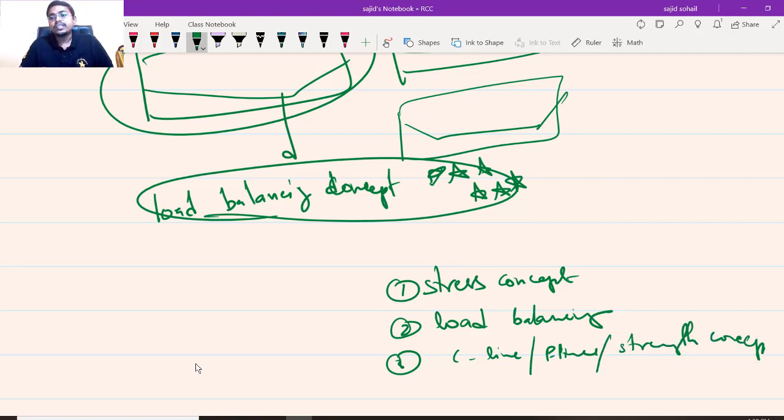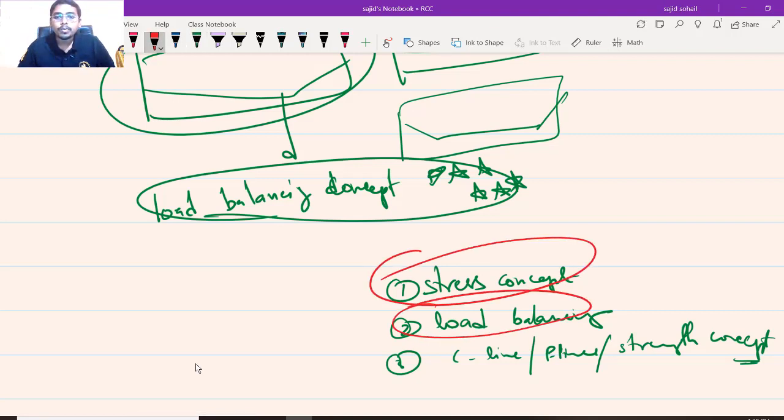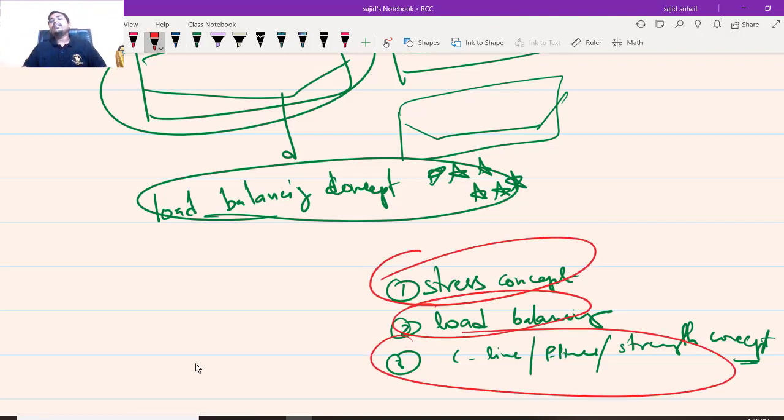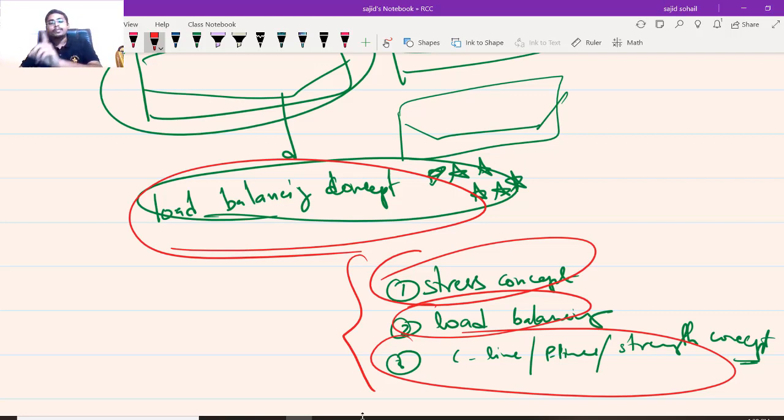Using these three concepts you can analyze the stresses in the beam when you have varying eccentricity. Remember the names: stress concept, load balancing concept, C-line, P-line, and strength concept. These are clearly written in our notes. We will see that, and after that I will teach the load balancing concept in detail.